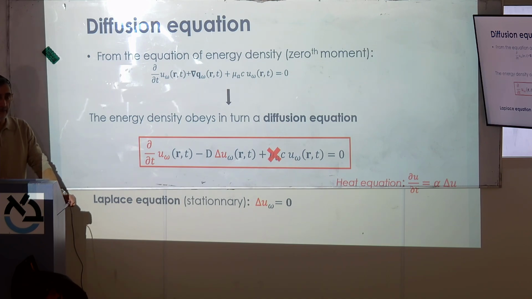From these two equations, and by taking the expansion of the specific intensity in terms of spherical harmonics, actually we take the first term, we get a simple relation between Q and the energy. This relation is injected into the energy conservation of the zeroth moment, and we get the diffusion equation. That's all the story.